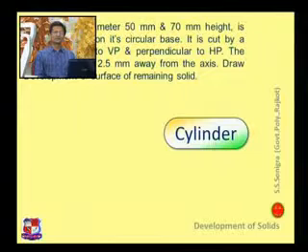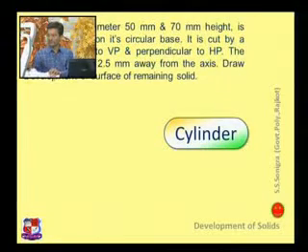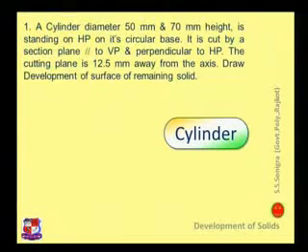It is cut by a cutting plane which is parallel to VP and perpendicular to HP. The cutting plane is 12.5 mm away from the axis. Draw development of lateral surface of the solid. How to draw development of lateral surface?